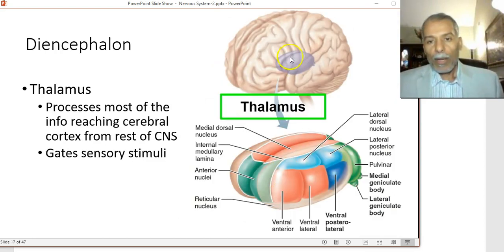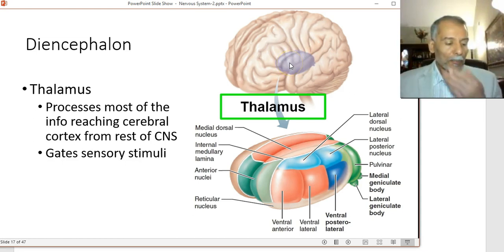The diencephalon, the thalamus and the hypothalamus, these two structures again are called the diencephalon, and the thalamus itself processes just about all the information coming from the various senses, and it serves as a gating mechanism, a sensory gating mechanism.